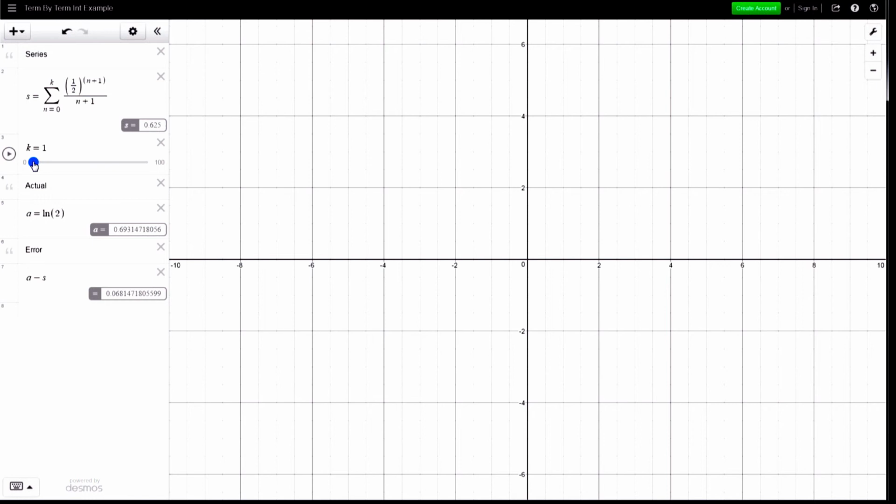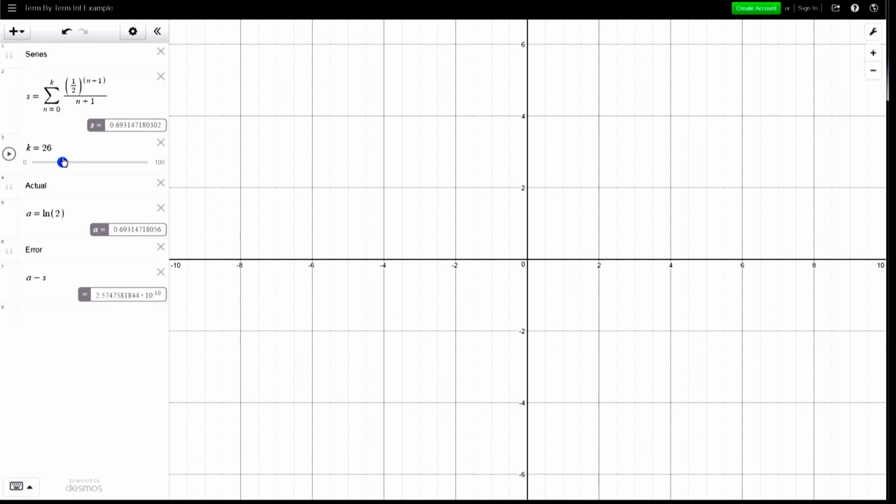And then what we can do is keep bringing in more terms. So that's adding up the first 3 terms, 4 terms, 5 terms. And if you keep an eye on the error down there, we see that error value is getting smaller and smaller and smaller. We've added up 19, 21 terms.